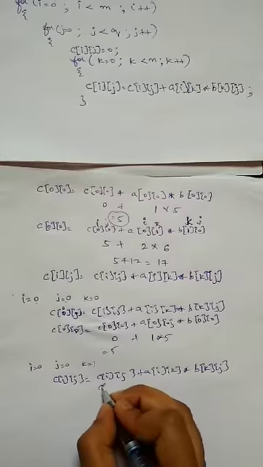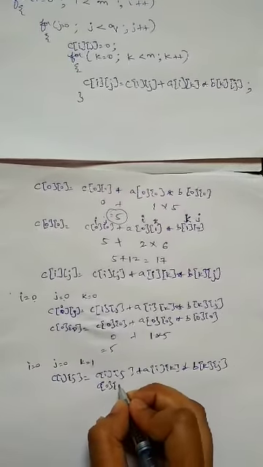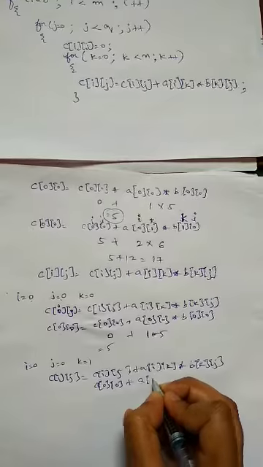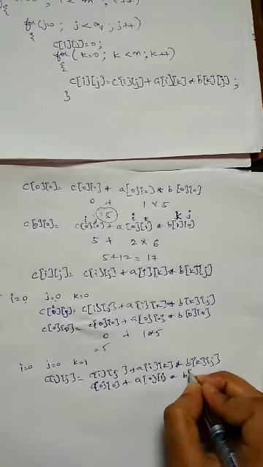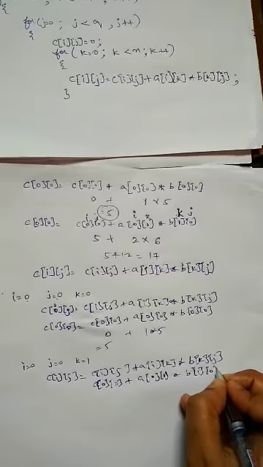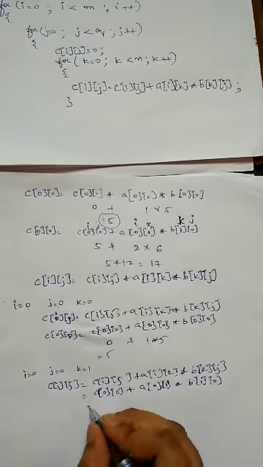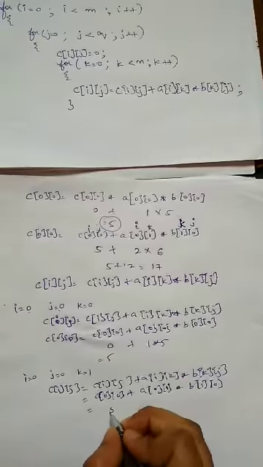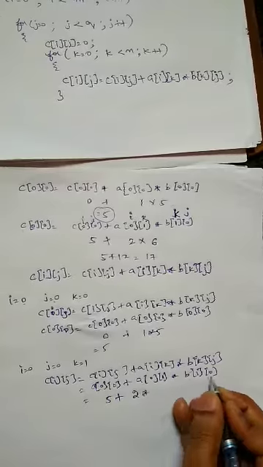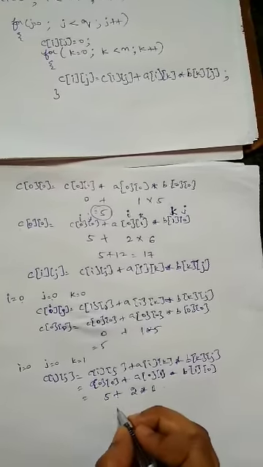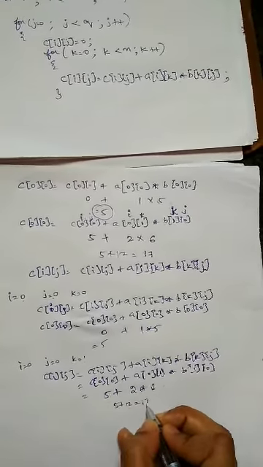That is nothing but C of 0 0 plus A of 0 1. In this case k has changed to 1. B of 1 0, j is the same. So previously C of 0 0 we got as 5. A of 0 1 is 2 and B of 1 0 is 6. So we'll get 5 plus 12, it is 17.